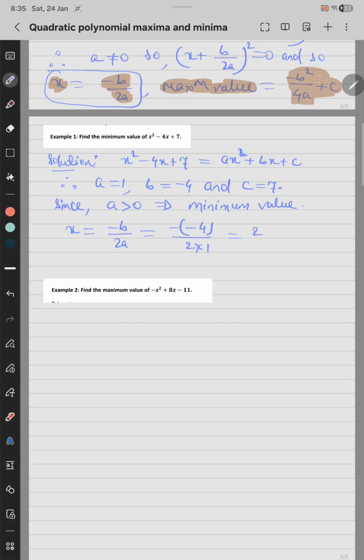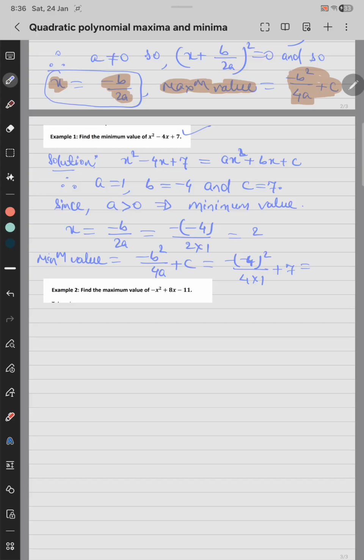Now there are two approaches. Either you put the value of x is equal to 2 in this equation, or you directly write the minimum value is equal to minus b square by 4a plus c, which is minus of minus 4 square by 4 into 1 plus 7.